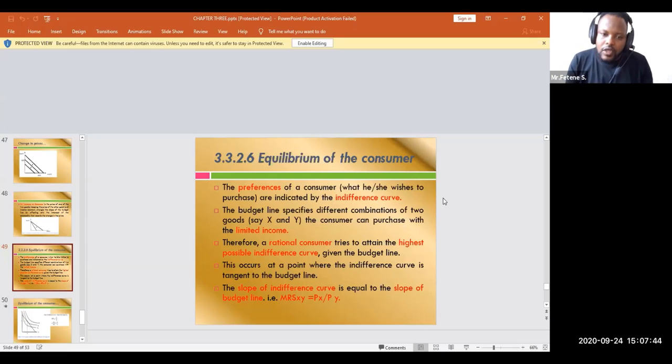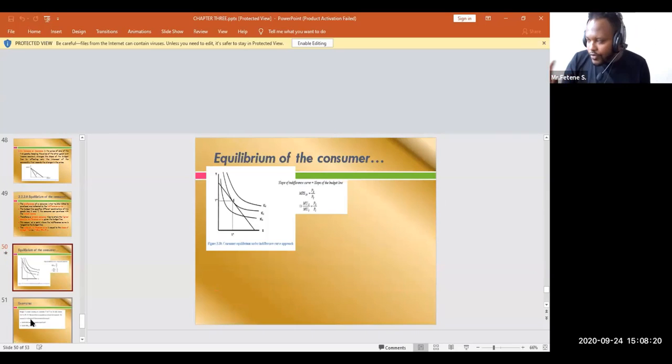So the consumer reaches equilibrium when the marginal rate of substitution XY is equivalent to the price of X over Y. That means the ratio of the two prices is equivalent to the MRS. The slope of the budget line equals the slope of the indifference curve, so at that point the consumer is at equilibrium.